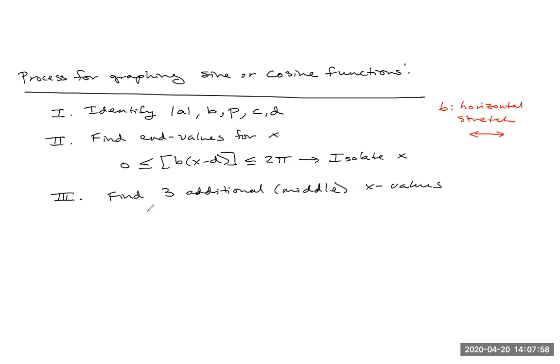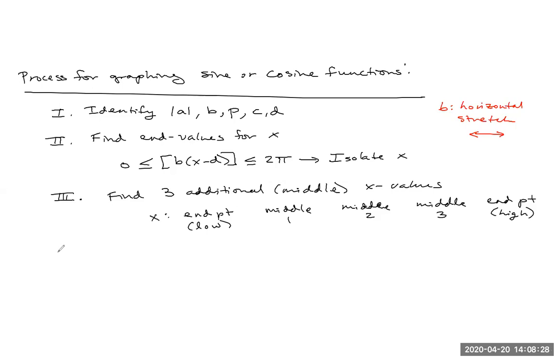And then we're going to get 5 x values from there. So we're going to have our endpoint, low end. We're going to have the middle 1, middle 2, middle 3, and then the end value on the high end.